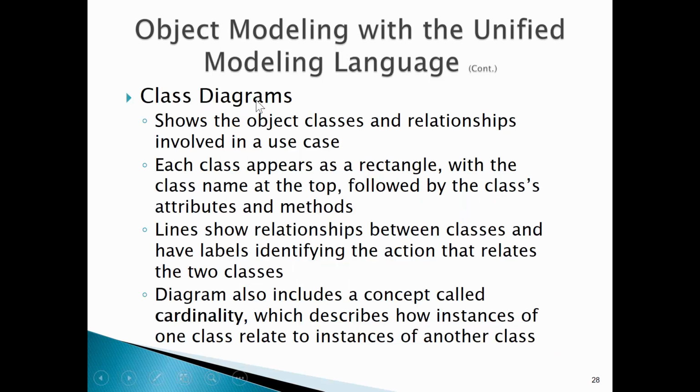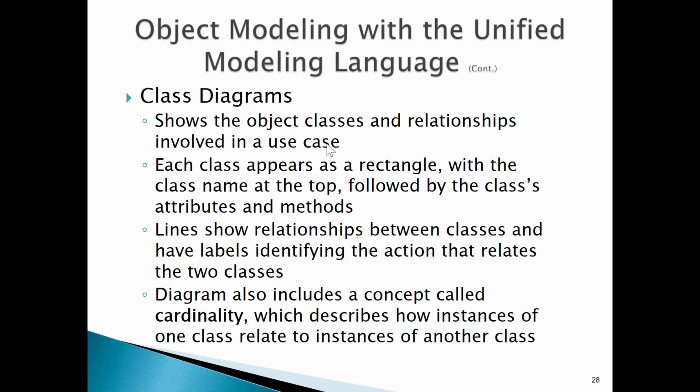So class diagrams show the object class and relationships involved in a use case. Okay, so we're going to create class diagrams from those use cases. We've already talked about what classes are, so we've really covered part of this as we create that diagram. So each class appears as a rectangle with the class name at the top, followed by the class attributes and methods.